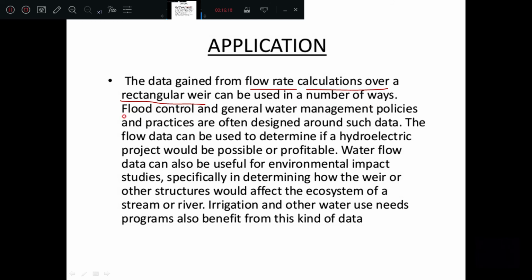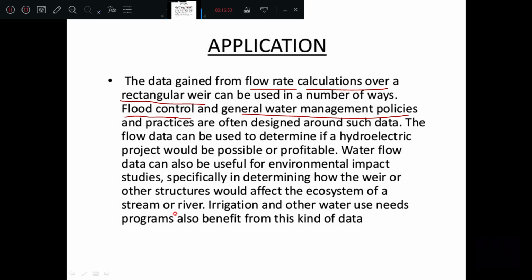Those data can be used for flood control and general water management policies and practices, and are often designed around such data. The flow data can be used to determine if a hydroelectric project would be possible or profitable. Also, water flow data can be useful for environmental impact studies, specifically in determining how the weir or other structures would affect the ecosystem of a stream or river.